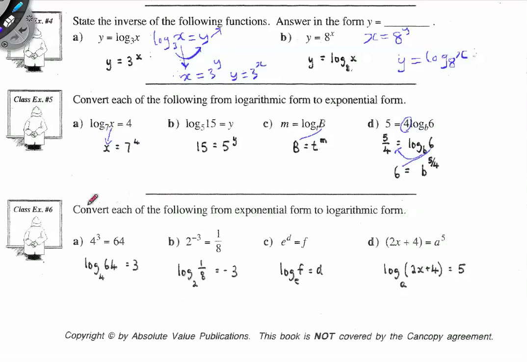Now, example 6 here is convert the following from exponential to log form, which is the opposite. So remember, the exponent is the value that the log is going to equal. This is the base, so therefore we must be logging the 64. So it's log of 64 base 4 equals 3.